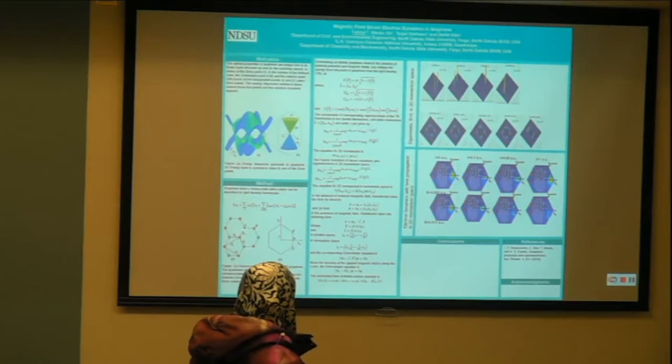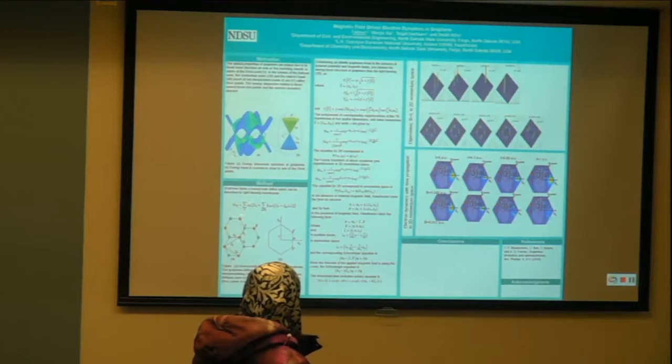We consider atom A. It has three nearest neighbor carbon atoms, and then it has next nearest neighbor carbon atoms. So in the tight-binding Hamiltonian, you can see two terms: one for the nearest neighbor carbon atoms, and the second for the next nearest neighbors.